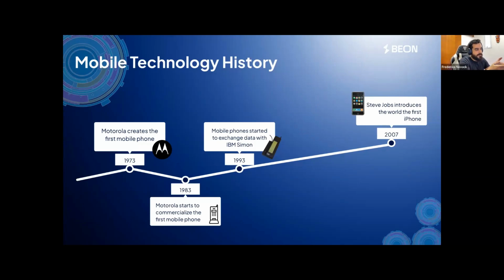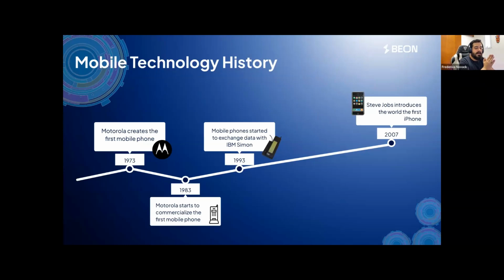I didn't separate all the points of mobile history, with Graham Bell inventing the phone. No, I just got the remarkable milestones we have and pointed them out here. All right. So the first milestone is when Motorola creates the first mobile phone in 1973.